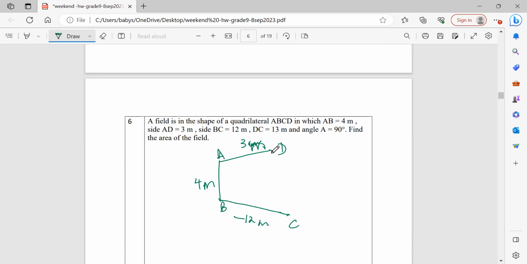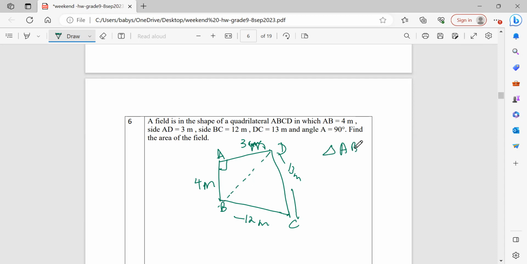DC is 13. So DC will be 13 meters. Angle A is 90. Find the area of the field. So angle A is 90 means when I join B and D, it's a diagonal of the quadrilateral. It is also the hypotenuse of the triangle ABD.